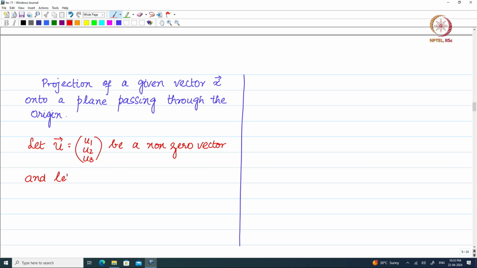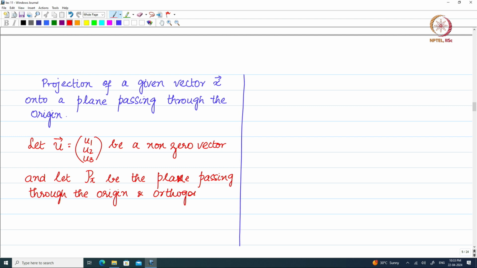So, let p pi be the plane passing through the origin and orthogonal to the vector u.